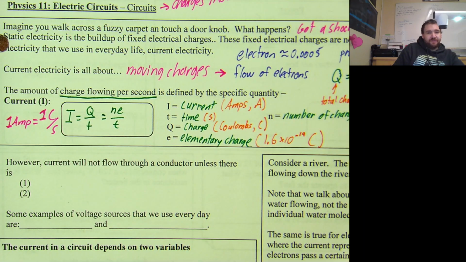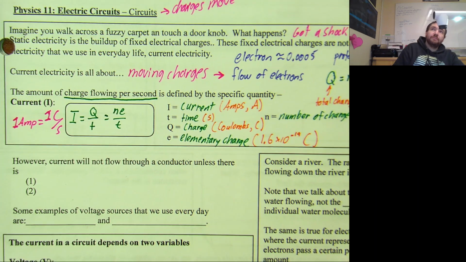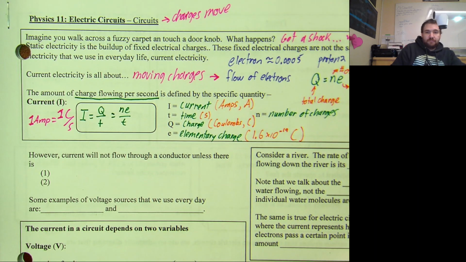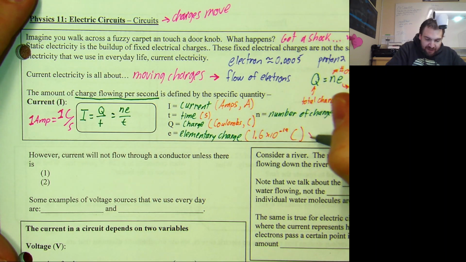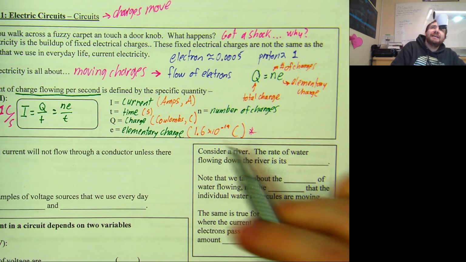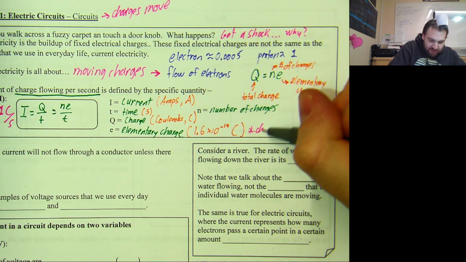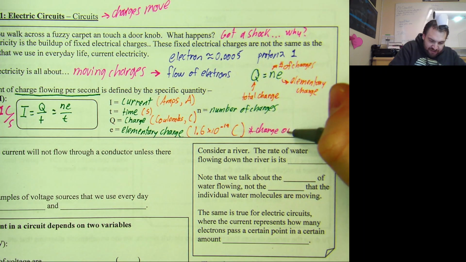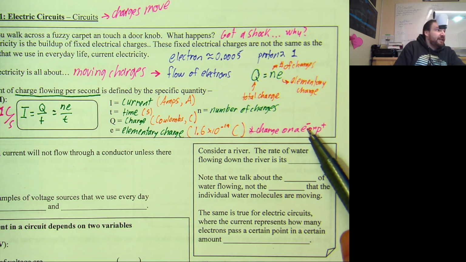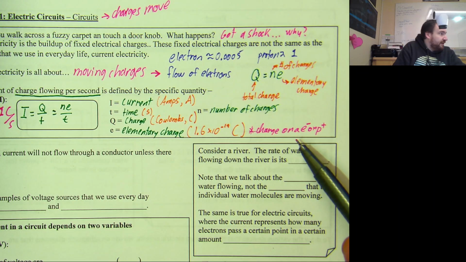Questions, comments, concerns so far? Okay. I'm going to make a note here. This elementary charge is the charge on an electron or proton, using notation that you should have seen in either Science 9 or Science 10 in the chemistry section.